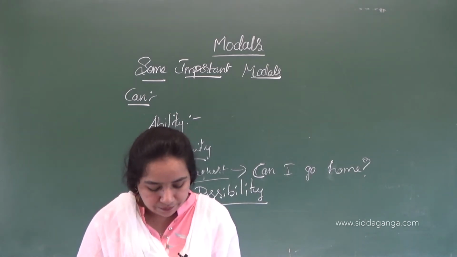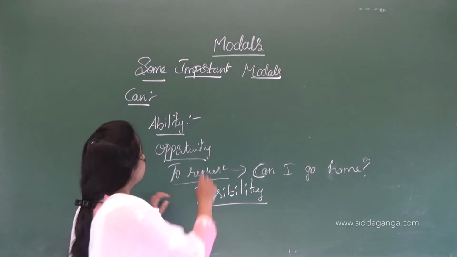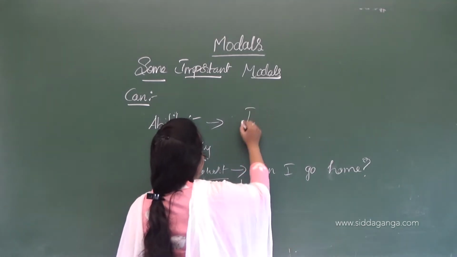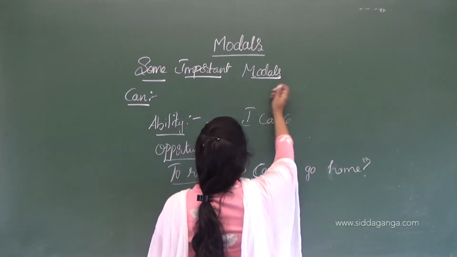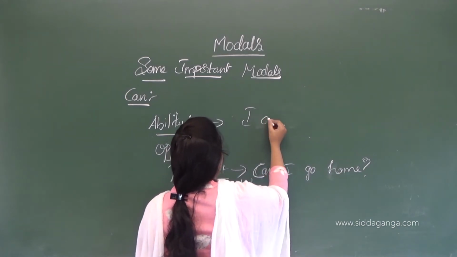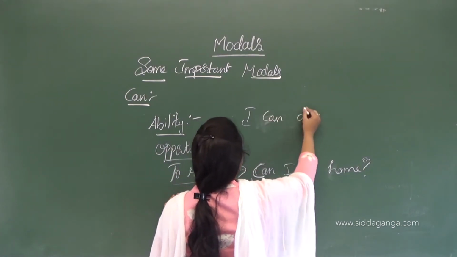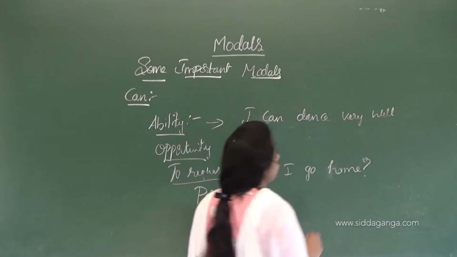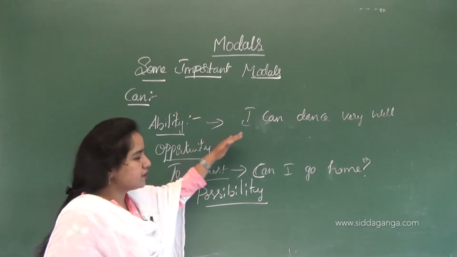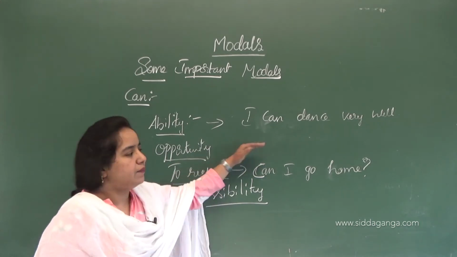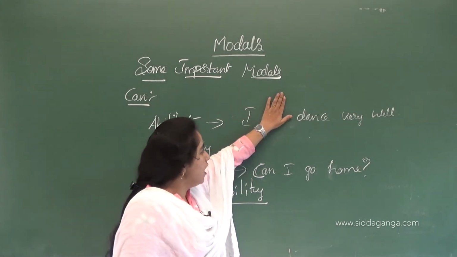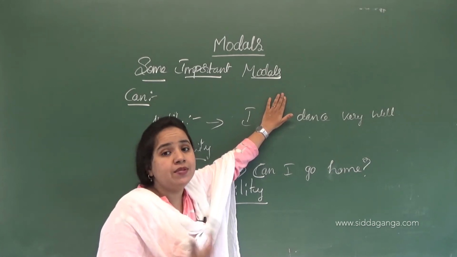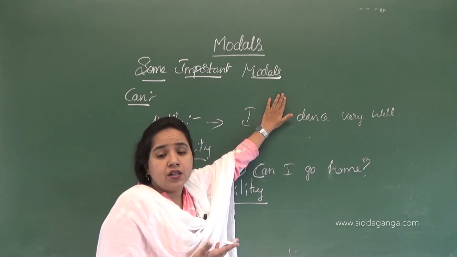Let's see an example for ability. I can dance very well. I take this sentence to express my ability. If I don't use can, I dance very well, it does not express my ability. It's a normal sentence.